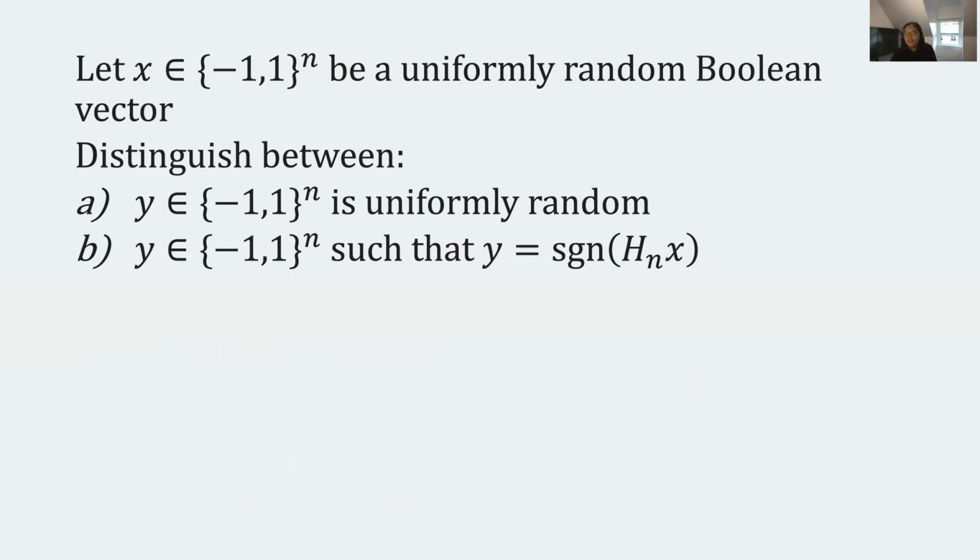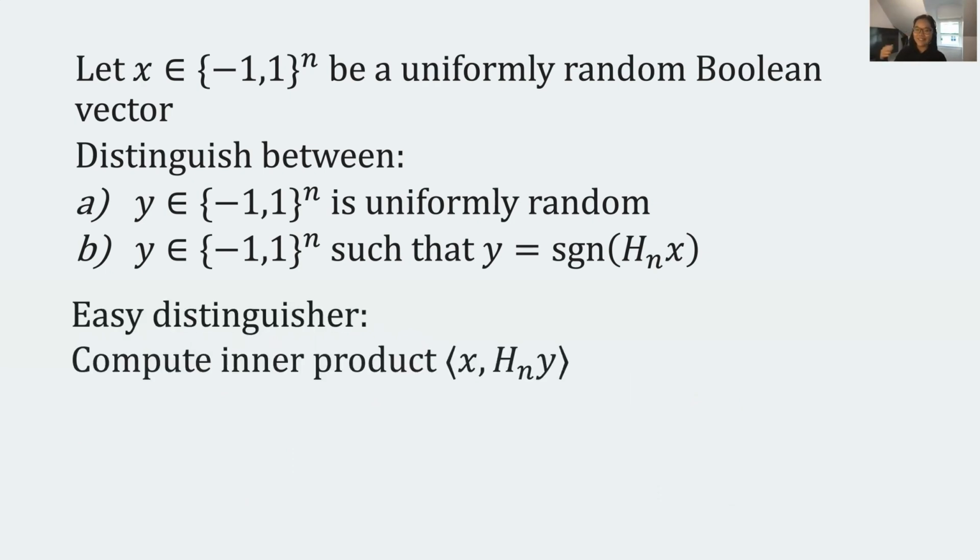At this point you might say, hey, this problem isn't actually very hard, because one very simple distinguisher is that you compute the inner product of x and y, that is x with Hn of y.